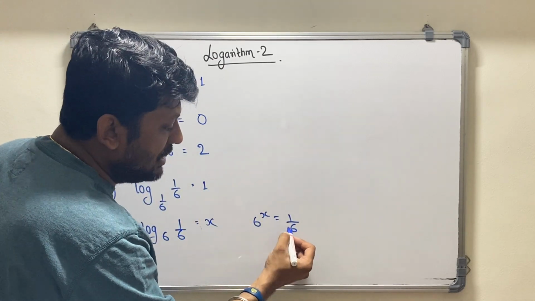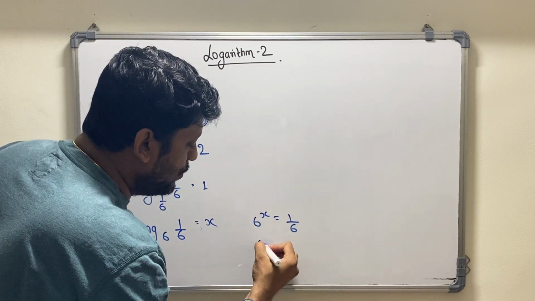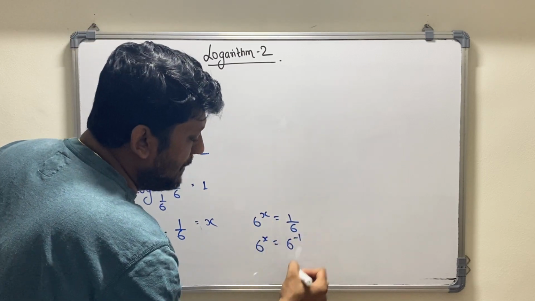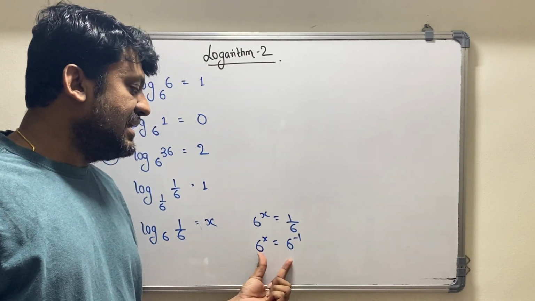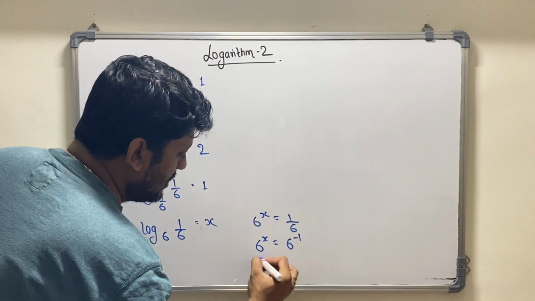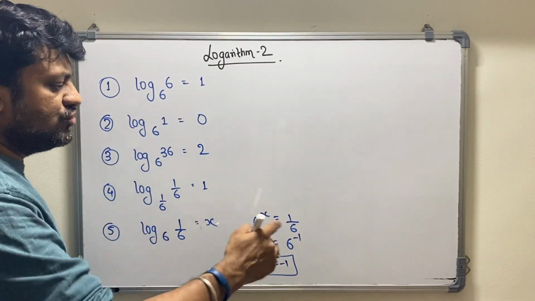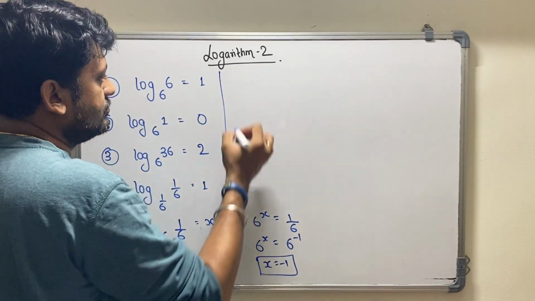In indices, you have to get the base here as 6, and this can only be done by writing 6 to the power minus 1. Now you know the rule of indices: when the bases are the same, the powers are also the same. So x will become minus 1. So you can always convert logs to indices to solve it. Next question.